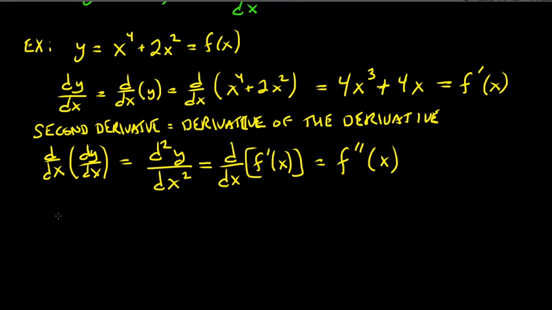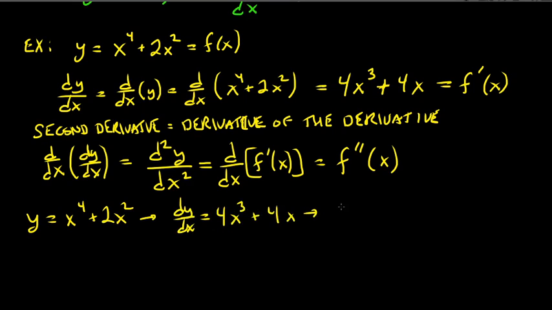The double prime means that it's two derivatives, second derivative. So again, y was originally x to the 4th plus 2x squared, and we took the first derivative and we got 4x cubed plus 4x. So what happens if we take the derivative again? We have to take the derivative of 4x cubed plus 4x. And again, same rules: sum rule, constant times function rule, and power rule.